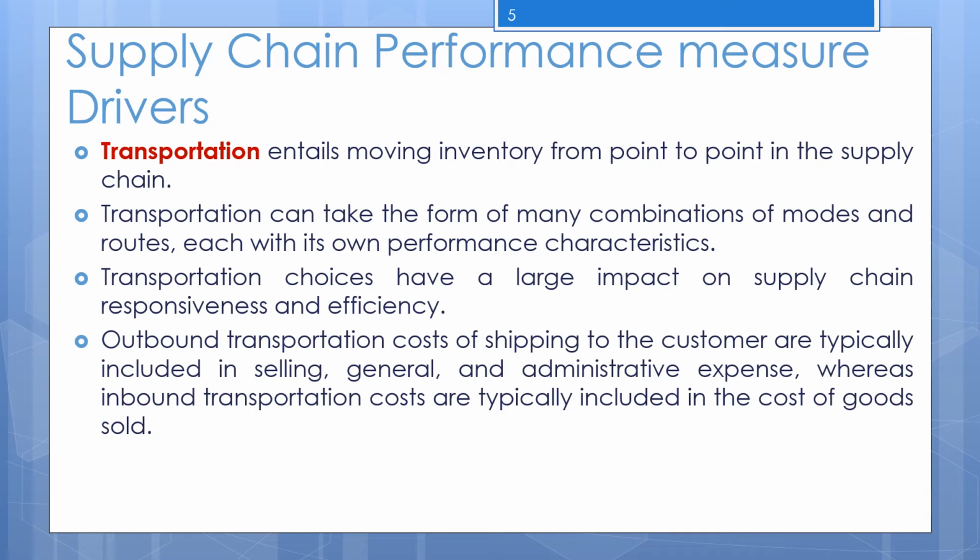Then average incoming shipment size, which measures the average number of units or dollars in each incoming shipment at a facility. Then average outbound transportation cost, which measures the cost of sending product out of the facility to the customer. Again, this cost should be measured per unit shipped, but it is often measured as a percentage of sales.